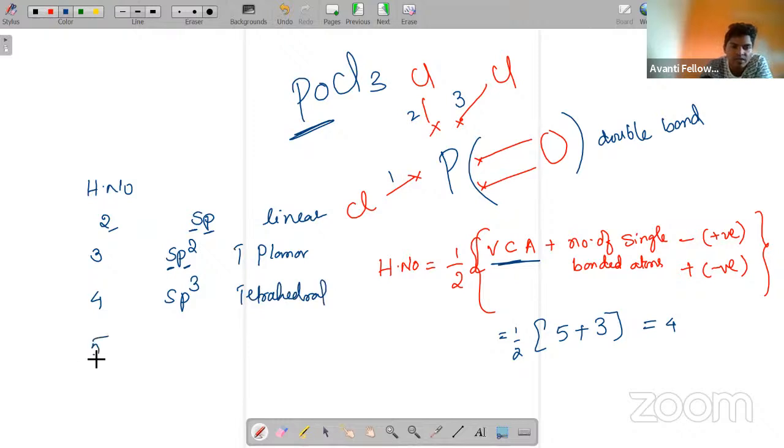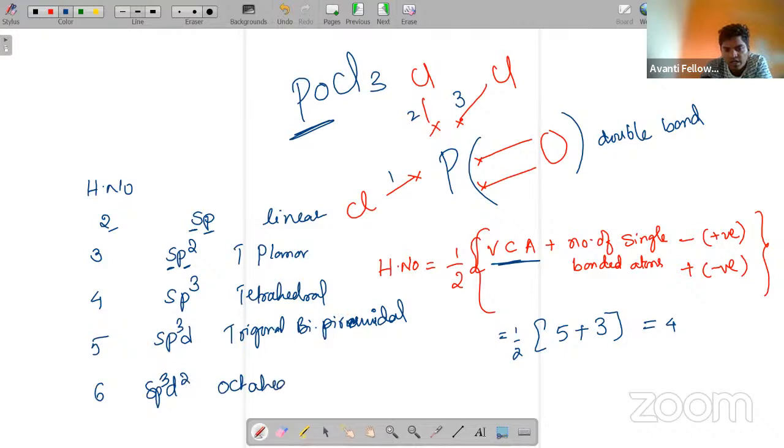If it is 5, it becomes sp3d, that is trigonal bipyramidal. And 6 means sp3d2, that is octahedral. I hope you are all clear with this.